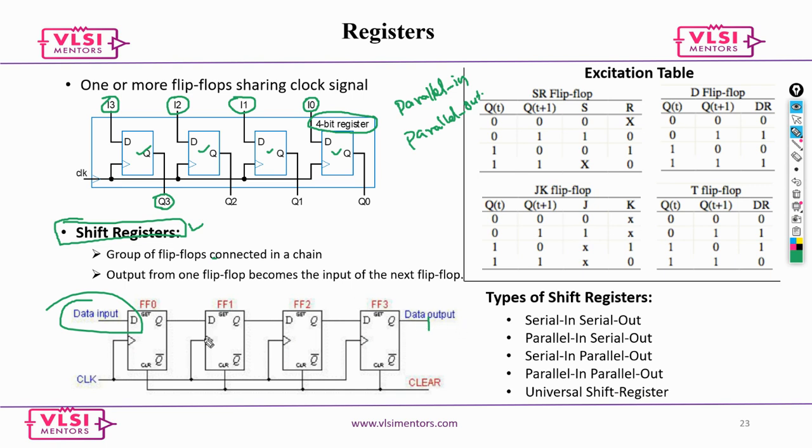Now you just have to remember, it might look very simple and of no use, but this kind of shift register you will see in our designs a lot. Every design will have it. I know some of you are already working in industry. So remember, you have something called a scan chain in our designs, the DFT scan stitching.